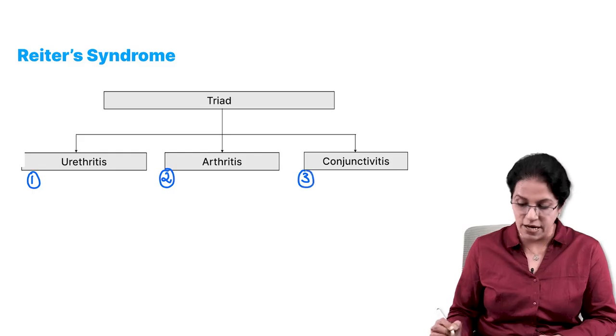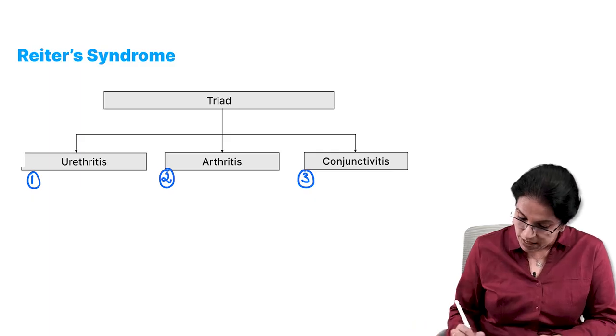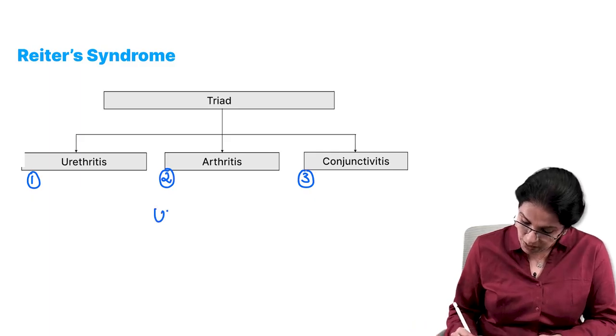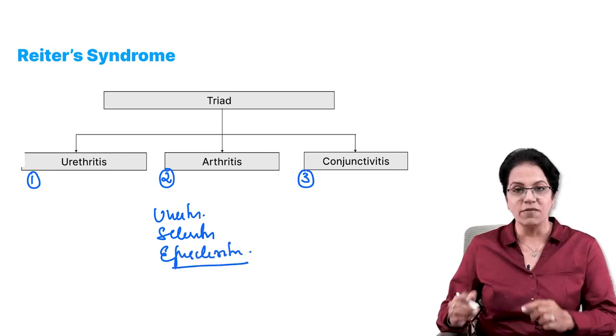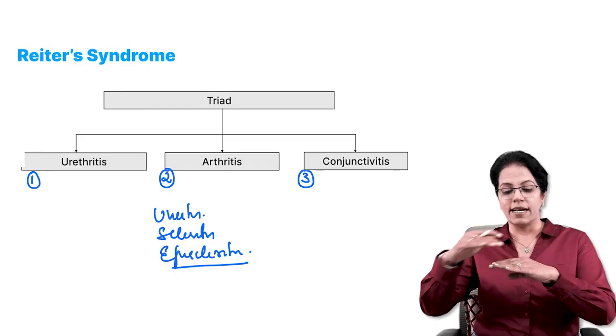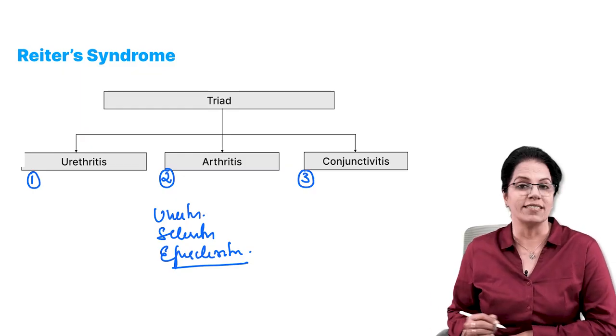These are the typical triad of Reiter, but of course, it also leads to uveitis and it also leads to scleritis and episcleritis, and of course, conjunctivitis we have learned. So, can we just learn all the layers? Scleritis, episcleritis, conjunctivitis and uveitis. Everything is happening in Reiter.